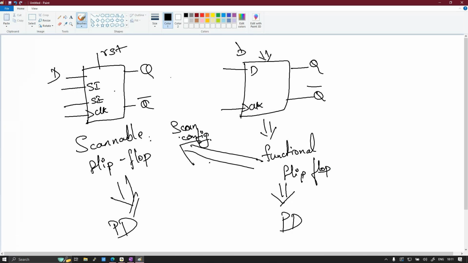Till that time, if I make them wait, what will happen? The RTL people, the front end people, will have a duration of, let's say, 1 year. The backend people, the complete backend flow, will have only a duration of 6 months to close that particular design.